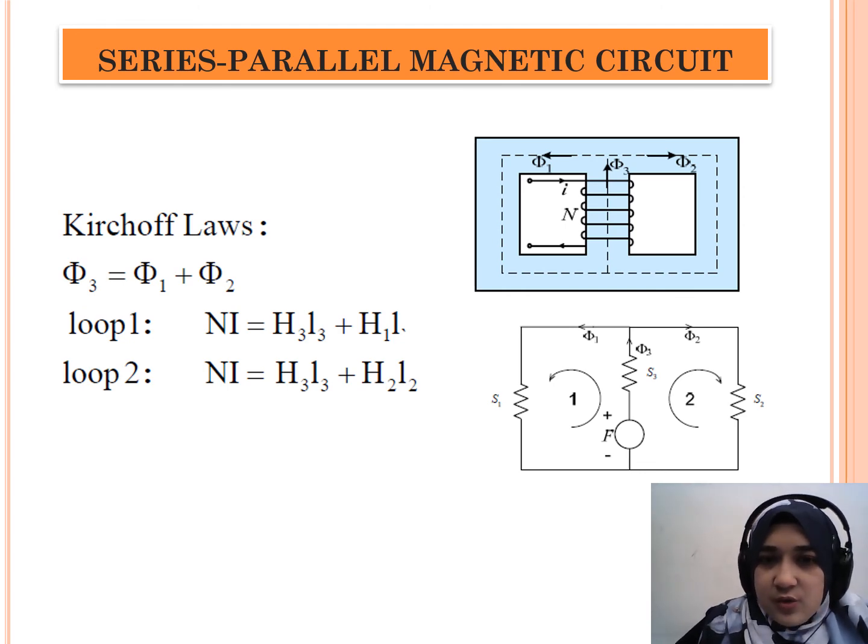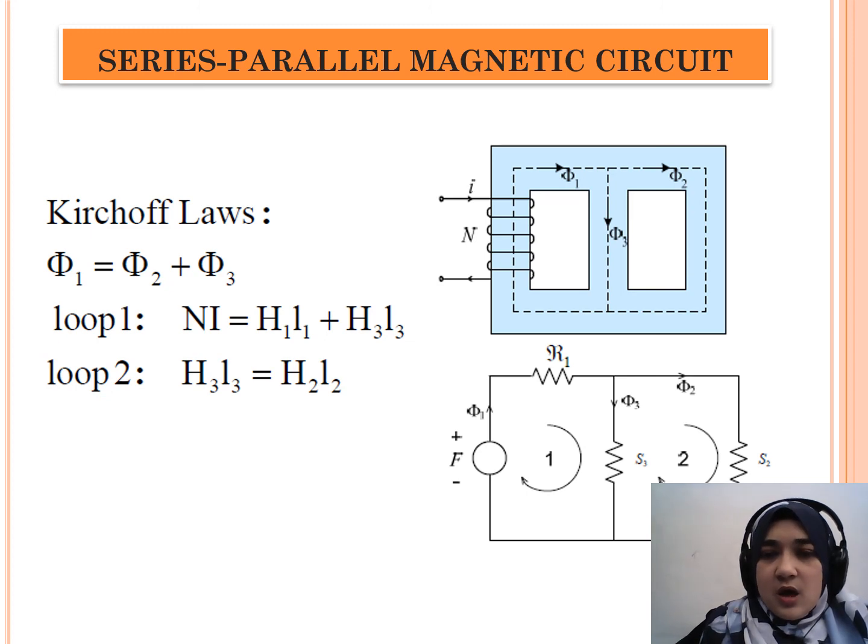So how to read it? You read by loop. For example, the first one, N1 I is equal to H3 L3 plus H1 L1, and N1 I is equal to H3 L3 plus H2 L2. Just read the loop as in your Kirchhoff laws.